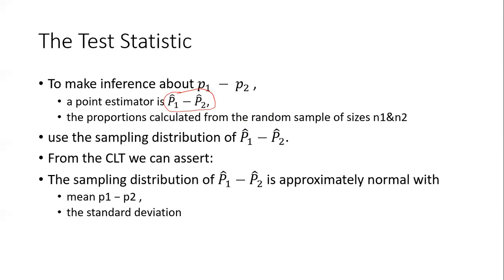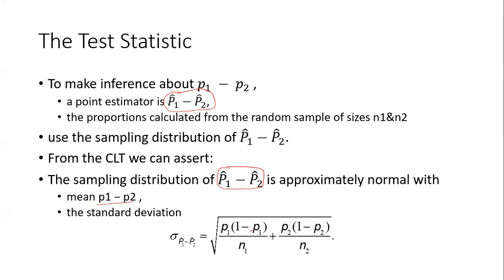As we said before, P1 hat minus P2 hat is approximately normally distributed, with mean P1 minus P2 and standard deviation the square root of P1 times 1 minus P1 over N1 plus the same term for the second sample. Remember, we wrote this at the beginning of our hypothesis testing procedure, but when testing the equality of the proportions, the proportions of the two populations just boil down to a single proportion.